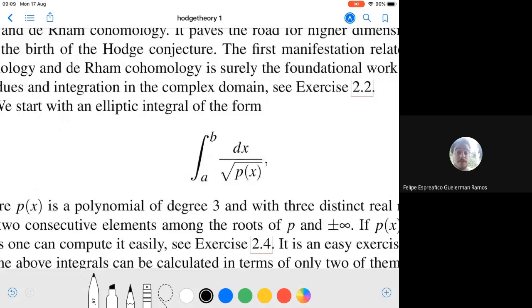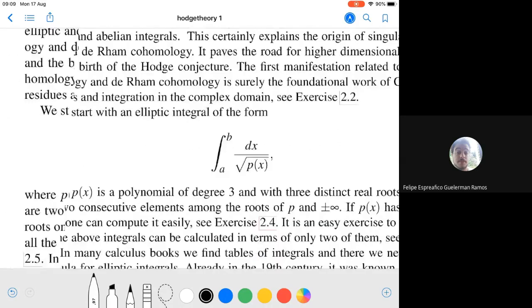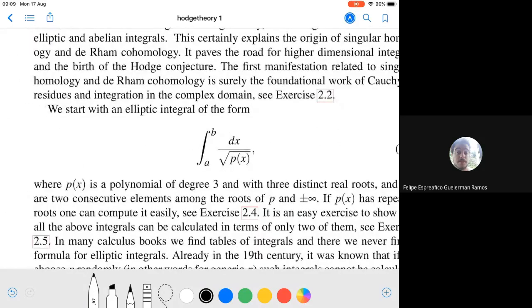Okay, so a class of integrals which appeared before the 1890s are the so-called elliptic integrals. Which class of integrals are we talking about? We will take a polynomial p(x).